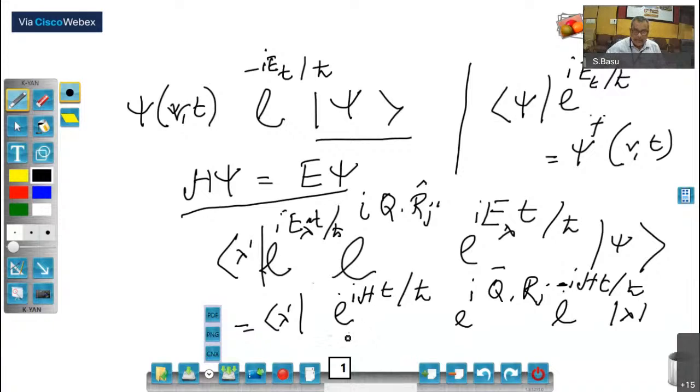Now this gives me the time operator, because this whole thing gives me the value of this position operator at a time t. So now I have been able to introduce time t with my position through this manipulation.